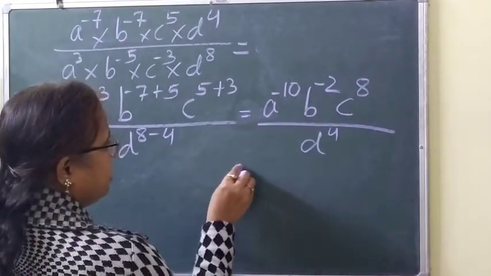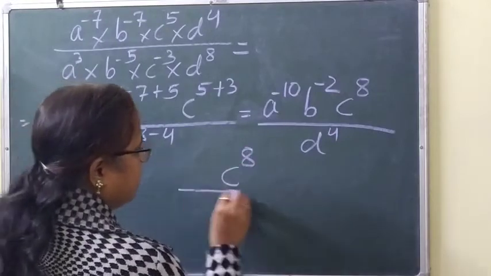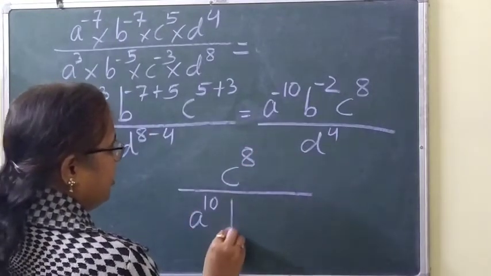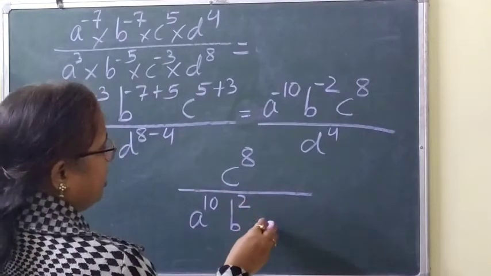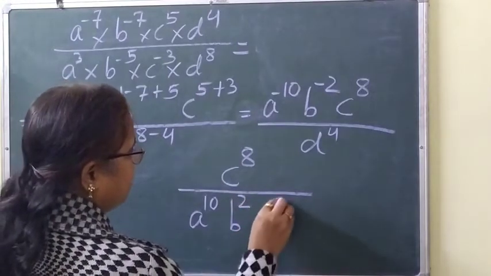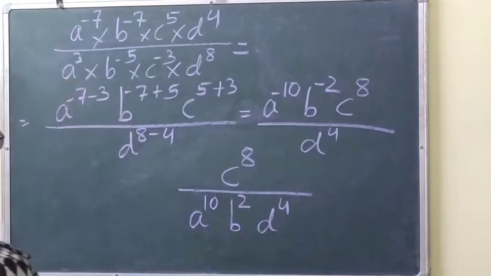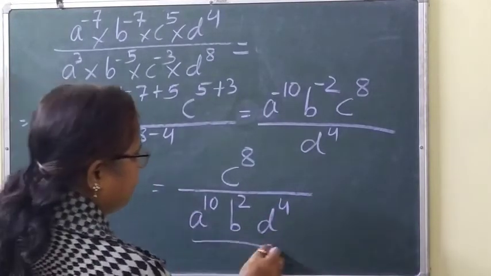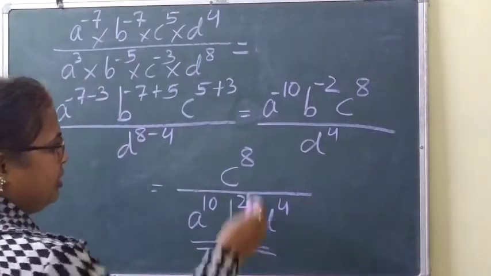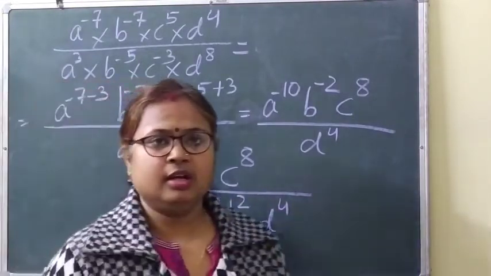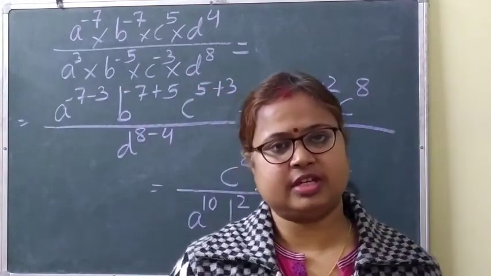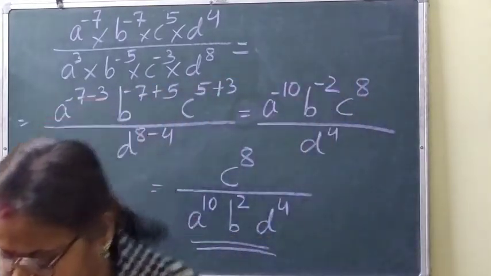So we can write c to the power 8, and then in the denominator a to the power 10, b to the power 2 and d to the power 4. Okay, so this will be the final answer. Here no negative sign, all the terms have the positive sign. Okay, now let's do the next question.